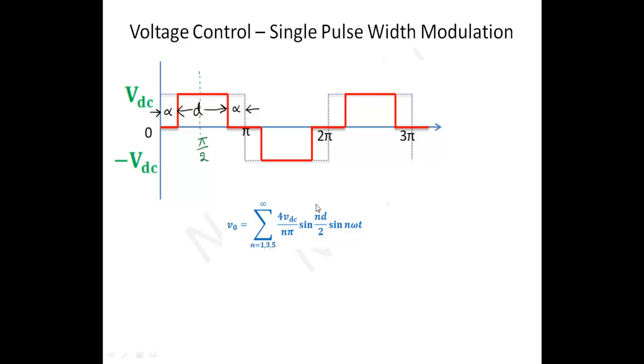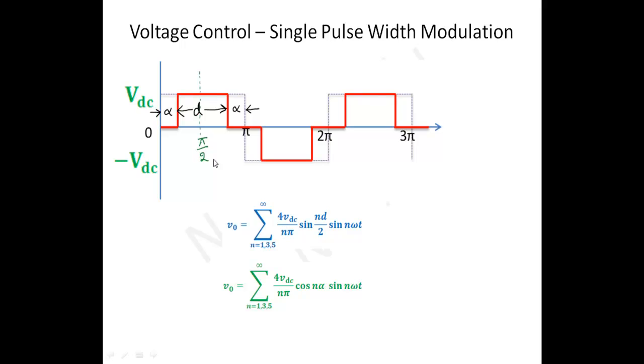The remaining thing we can represent with the help of pulse width. Pulse width is here d, we need to take half of that, so that's why sine n d by 2. A similar thing we can represent with cosine, the same thing, but in place of sine we'll have cos n alpha, so that is the difference there.